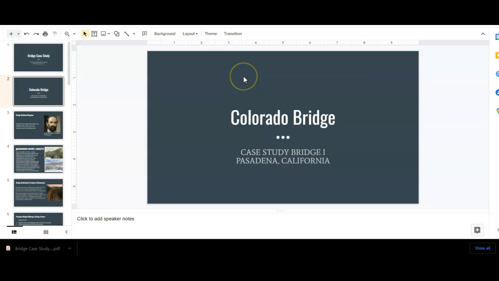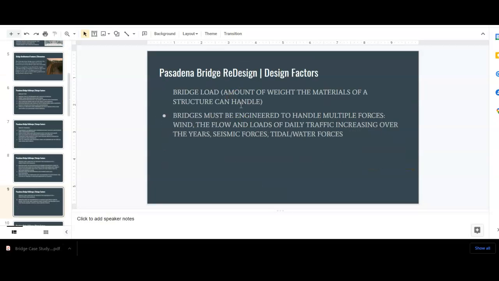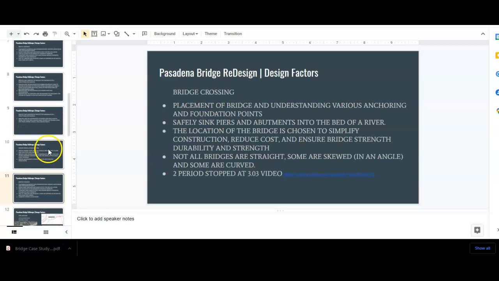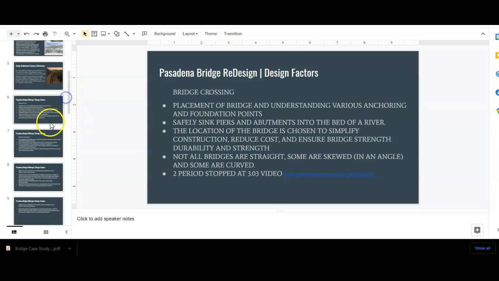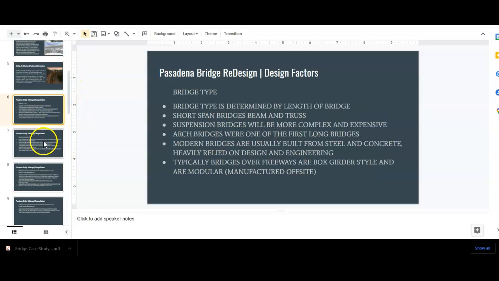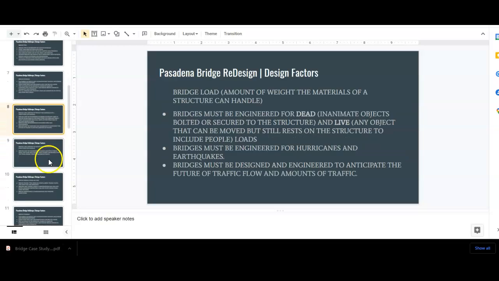So let's go over here. It should look like this. We added more for week 4. So in week 3 and 4 we did this bridge type, bridge crossing, and bridge load.